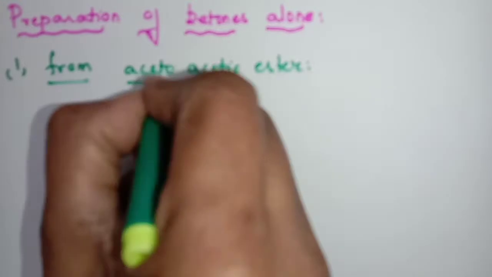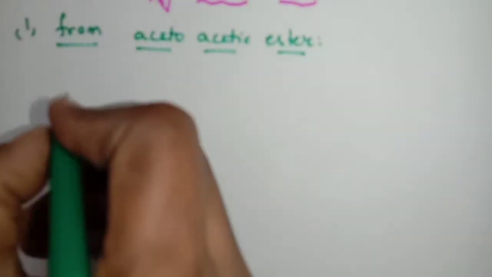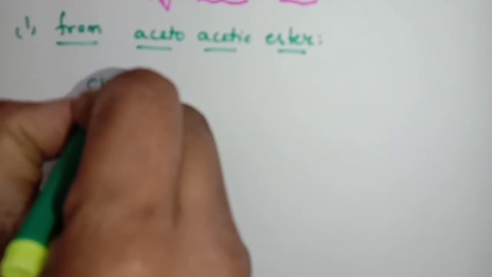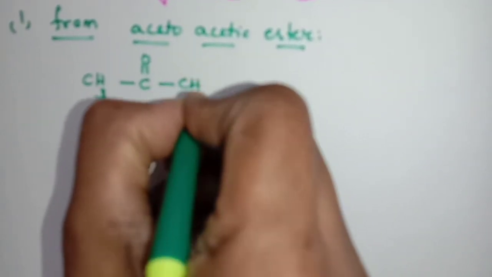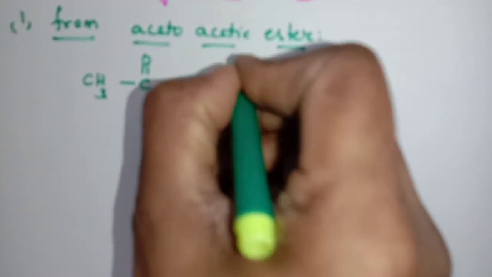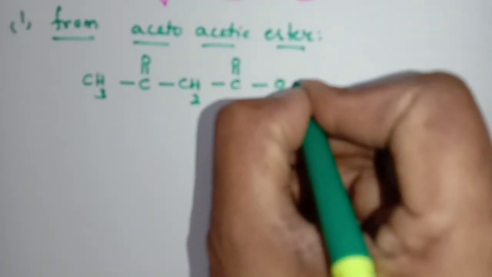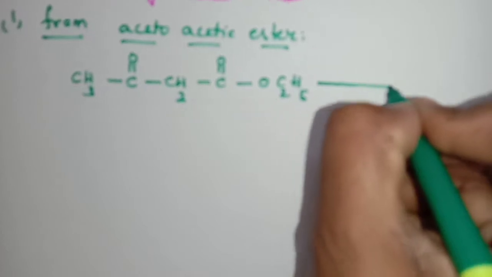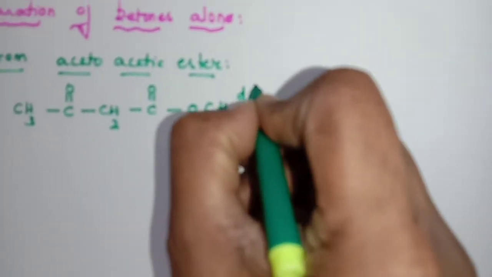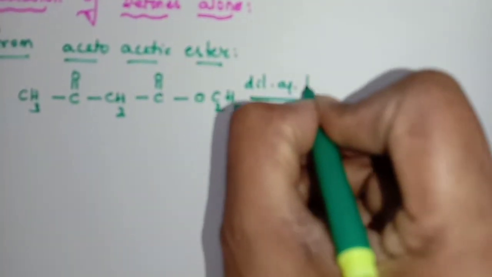Do you know what acetoacetic ester is? It is nothing but CH3, C double bond O, CH2, C double bond O, O, C2H5. This on reaction with dilute aqueous KOH.